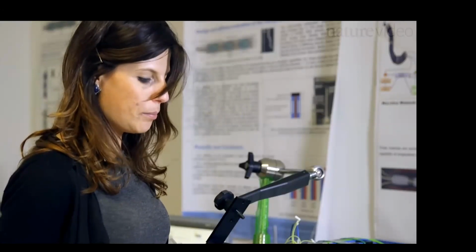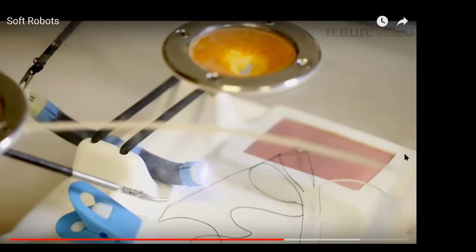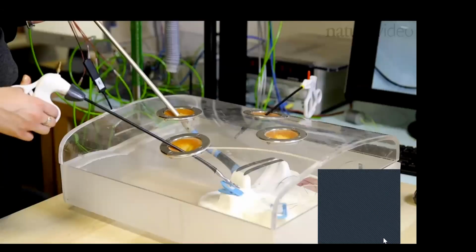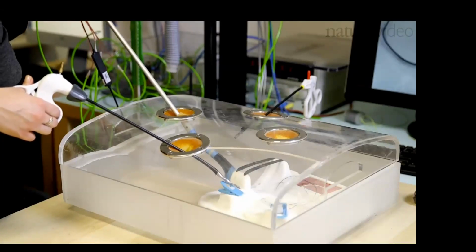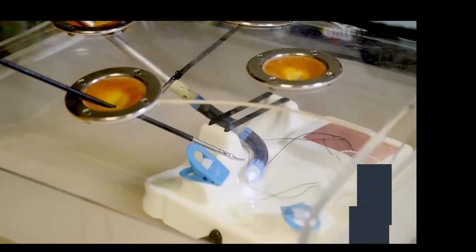Now we see a manipulator made up of 2 segments which can steer in all directions and also elongate. This is a standard training box for training surgeons. Surgeons tried this system and actually performed a surgical operation using the view from the soft robot.